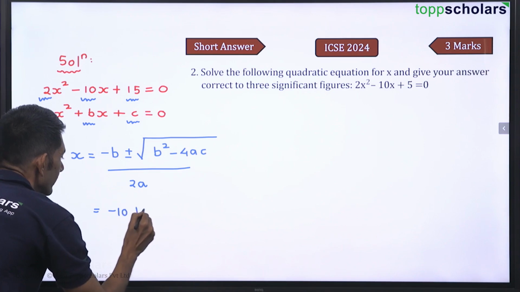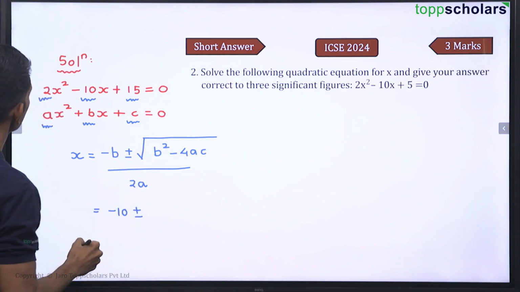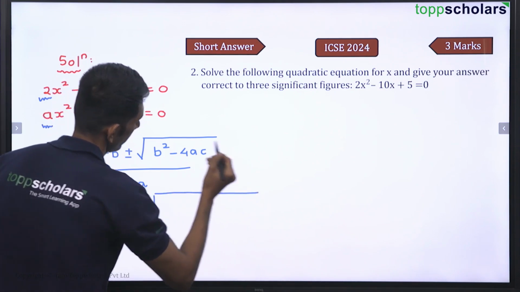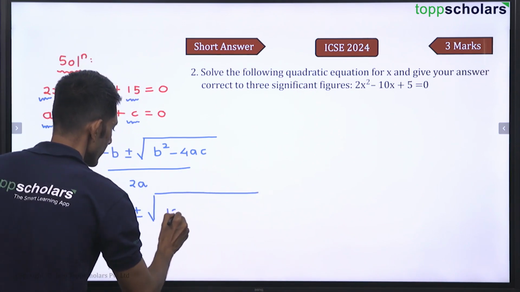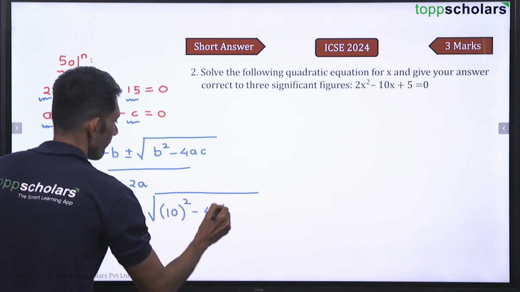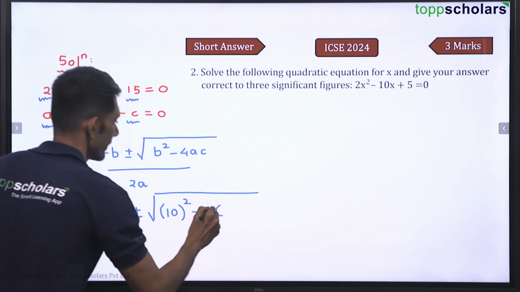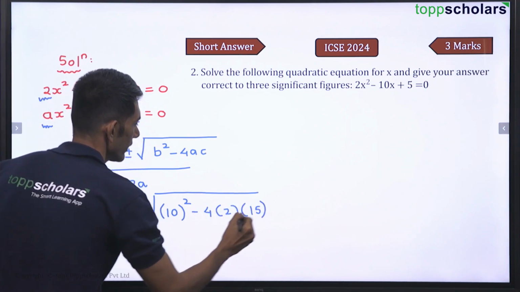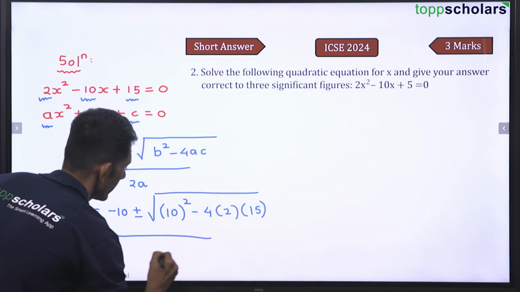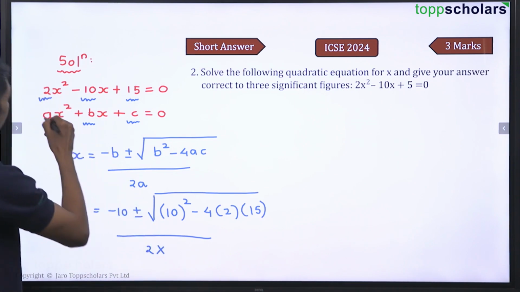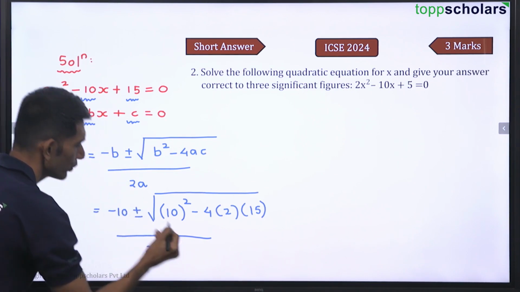So that gives you minus 10 plus or minus under root, right? B square, that is 10 square, minus 4 into a is 2, into c is 15, divided by 2 into a, that is 2 into c, a is 2, so you'll have to write down 2 into 2, right?